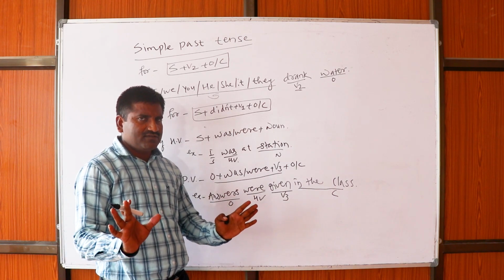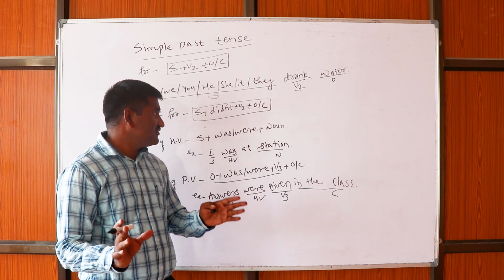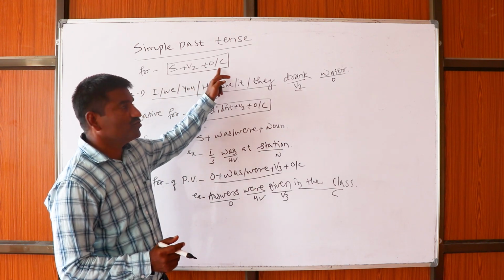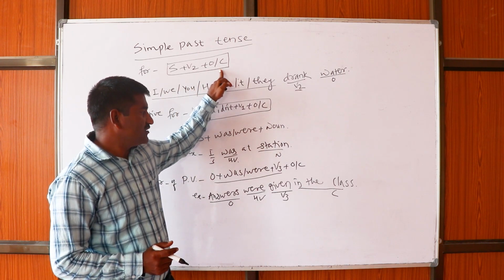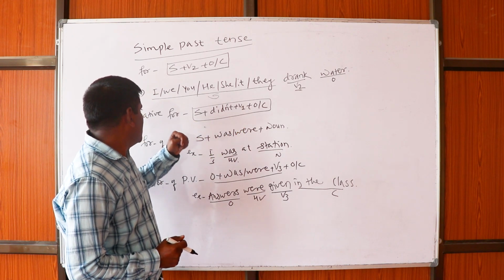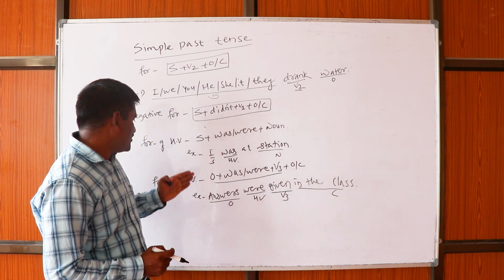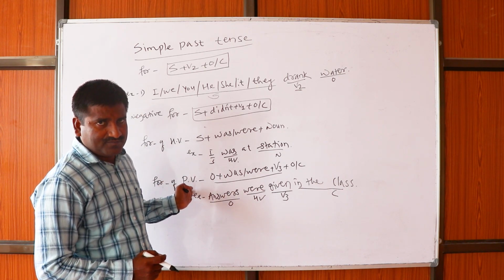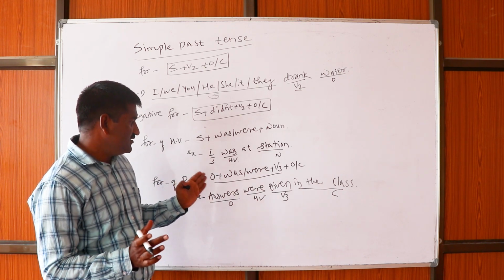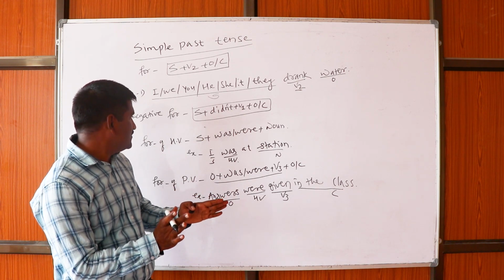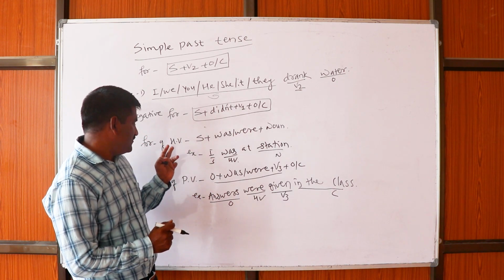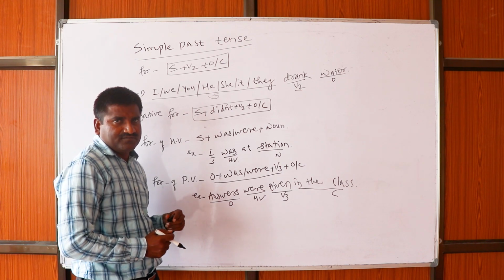But generally, many teachers introduce simple past as only S plus V2 plus OC, and they do not introduce the formula of negative, helping verb or passive voice. That is why in examinations the question will be on the negative or helping verb or passive voice.